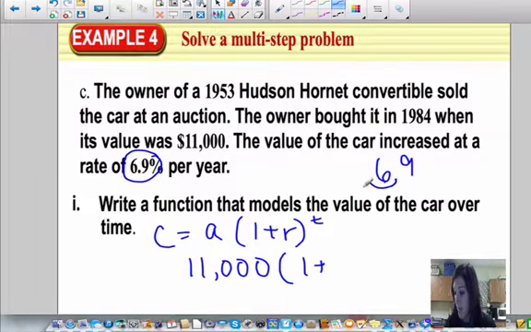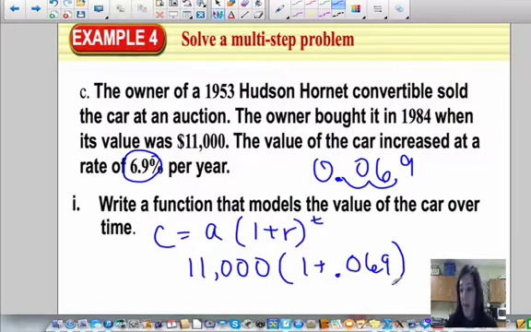So we're going to move the decimal 2 places to the left to make it 0.069. And the time for this particular problem, it doesn't give us a time quite yet, so we're just going to plug in T. So C equals 11,000 times the quantity 1 plus 0.069 to the T power. Okay.